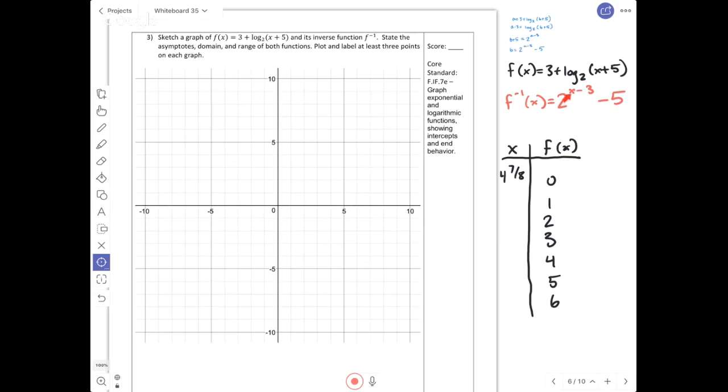The first power, 1 minus 3 is negative 2. 2 to the negative 2 power is 1/4. Minus 5 is negative 4 3/4. Okay, 2. 2 minus 3 is negative 1. 2 to the negative 1 power is 1/2. Minus 5 is negative 4 1/2.